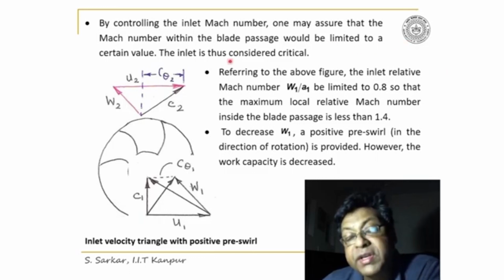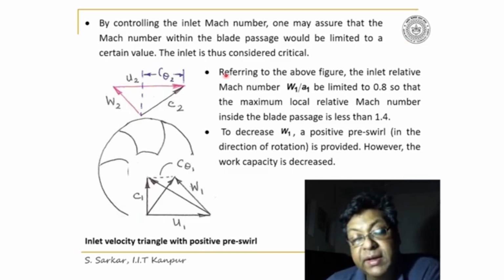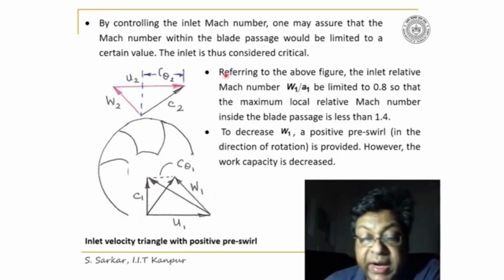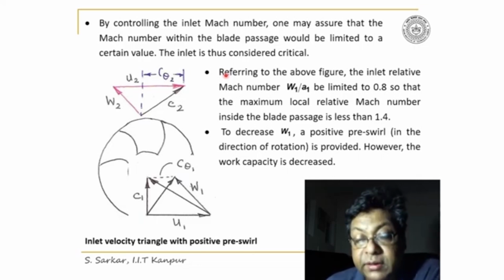We always try to limit the inlet Mach number to not go beyond a value of 0.8, so that there would not be a chance of strong shock formation within the blade passage.